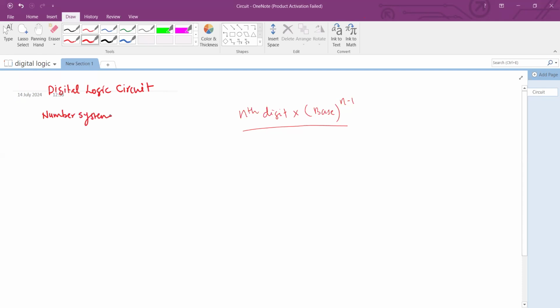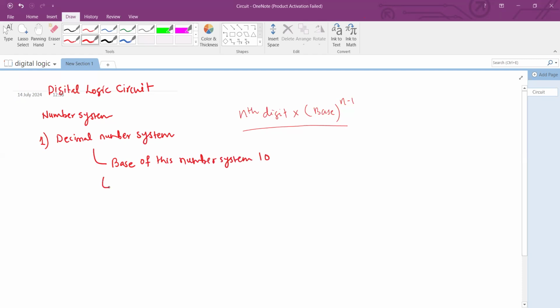In the number system, the very first one that we'll talk about is the decimal number system. And in the decimal number system, we say that the base of this number system is 10.